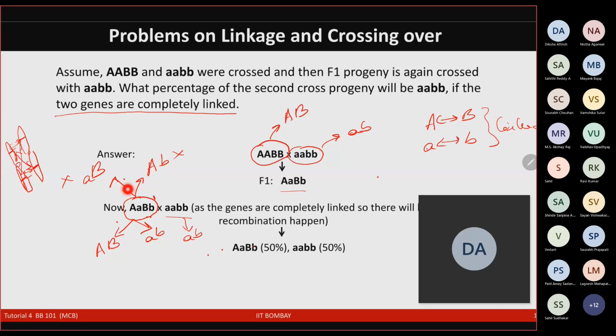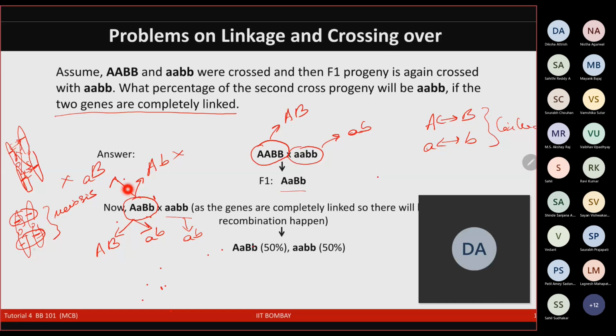But if the genes are linked, in that case, again you have the chromosome. You have one gene here, one gene here, one gene here, one gene here. So it means that these two genes during meiosis always go together. This crossing over doesn't take place.